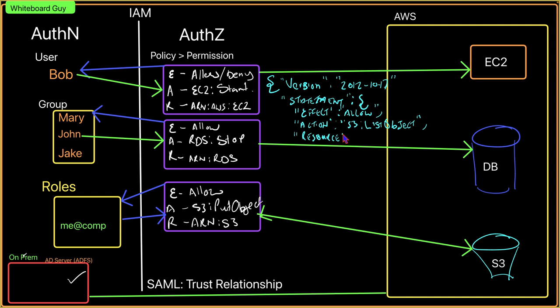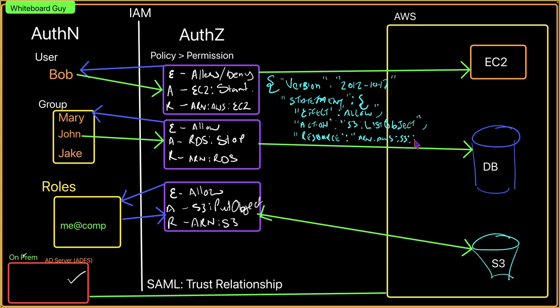The resource that I want, again in brackets, and that actual resource will be the ARN, Amazon Resource Name. It will be AWS, and for instance, if this is S3, it will be S3, and then some other details that we'll need in there as well.